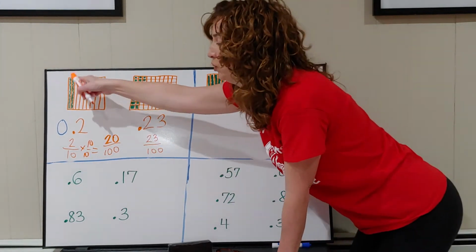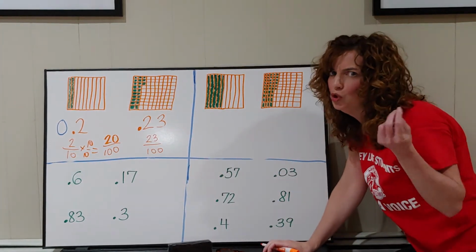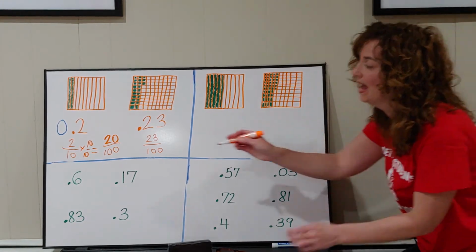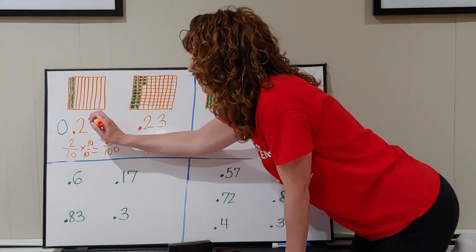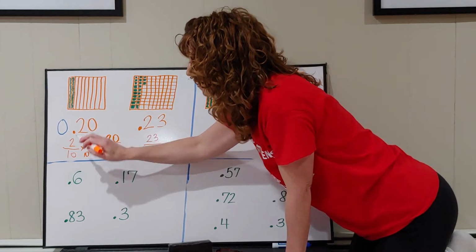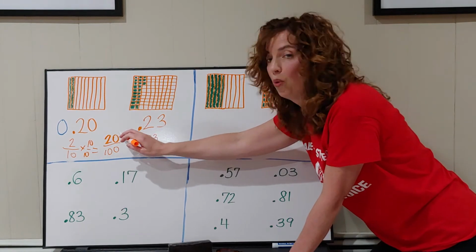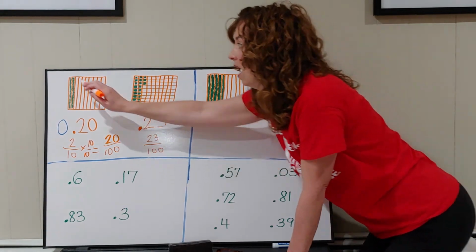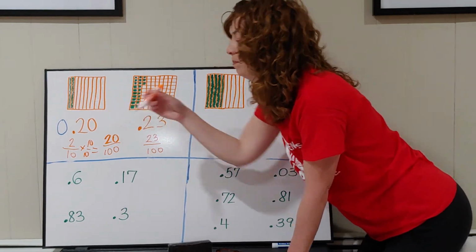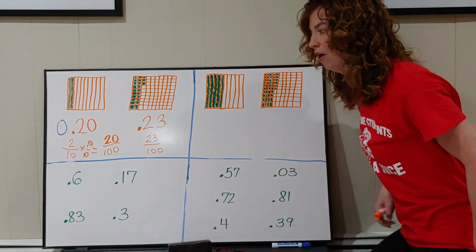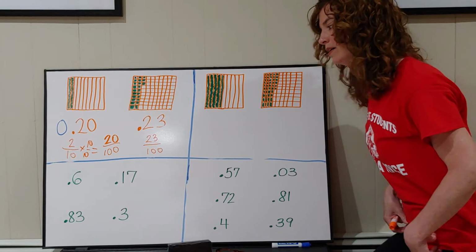So my 2 tenths equals 20 hundredths. So we can actually put a 0 in here, because 2 tenths is the same as 20 over 100, or 20 hundredths. It's the same. I could just draw my lines this way, and it would represent the same number of spaces on our place value blocks.